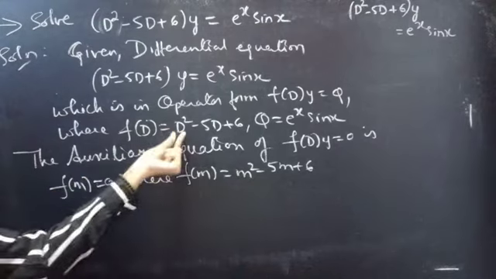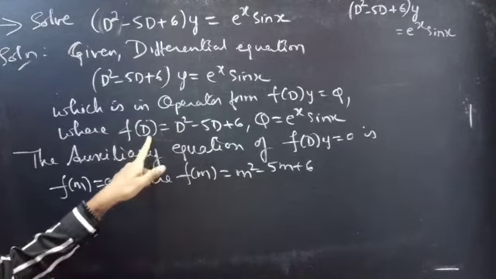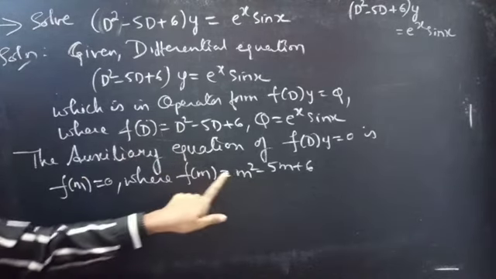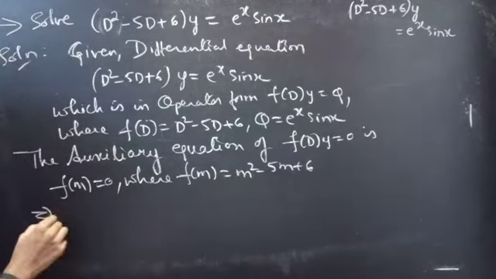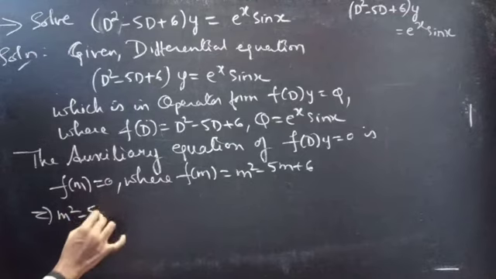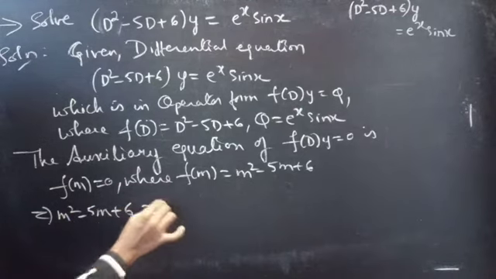We are having F(D) = D² - 5D + 6. Let's replace the differential operator by m, so that we'll get F(m) = m² - 5m + 6. Now, our auxiliary equation becomes m² - 5m + 6 = 0.